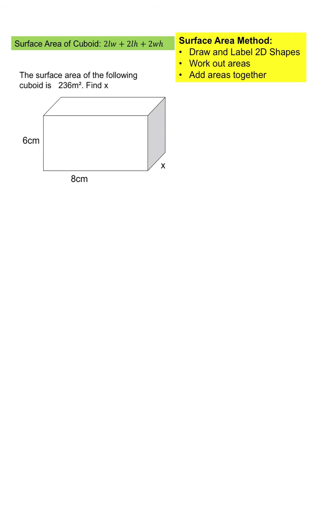Now in this question, you can see we're given the surface area, but we don't know what the width is, which is x. So let's use what we can now and put it into the formula. So we have our length, we have our height, and x then is our width. So I'm going to write out the formula for surface area.